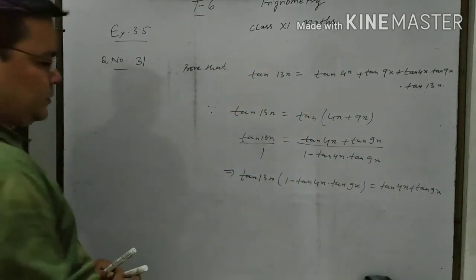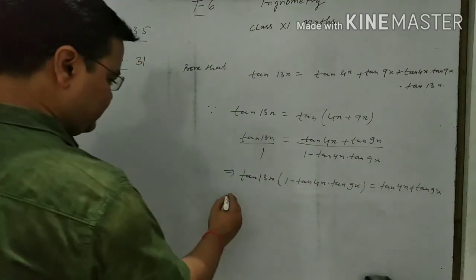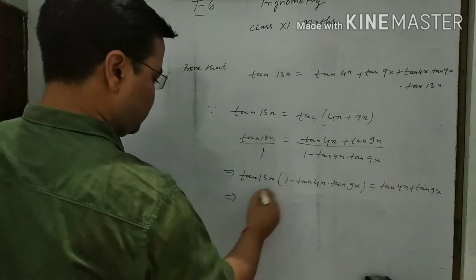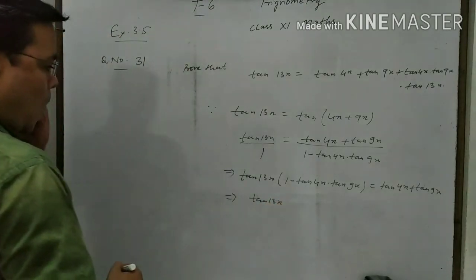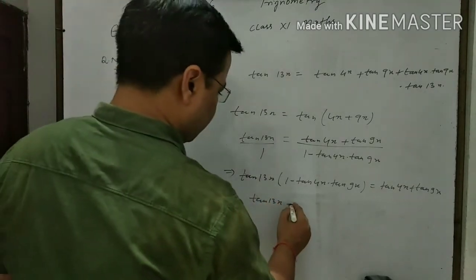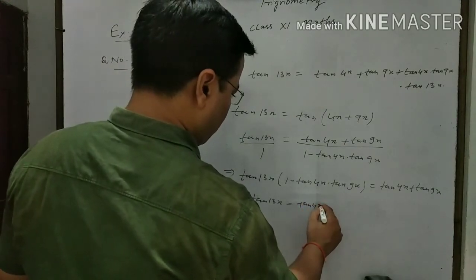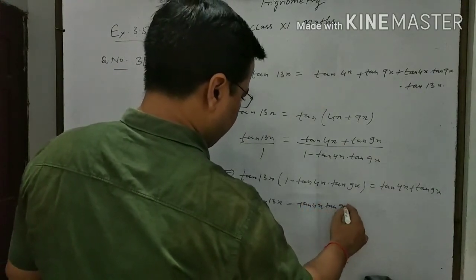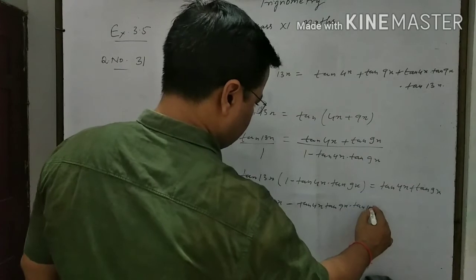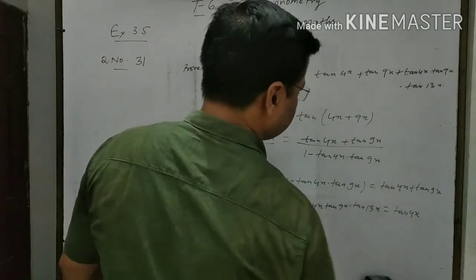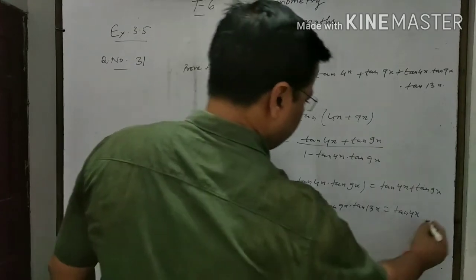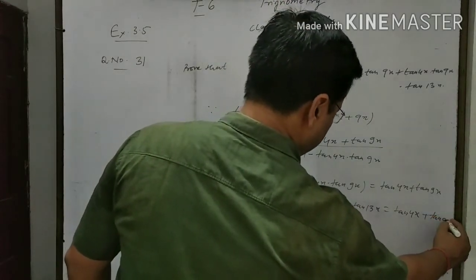Okay, now multiply. So here it will be tan 13x minus tan 4x tan 9x into tan 13x is equal to tan 4x plus tan 9x.